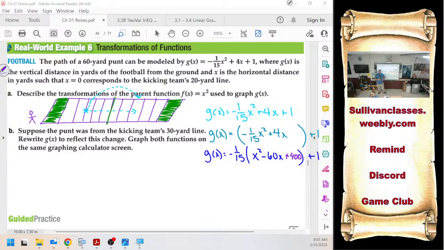And this is why most of us just kind of yeeted that out of our head in Algebra 2. Did I really add 900? Look at the parentheses it's inside. I didn't really add 900 because there's a negative 1/15 on those parentheses. So what's negative 1/15 of 900?